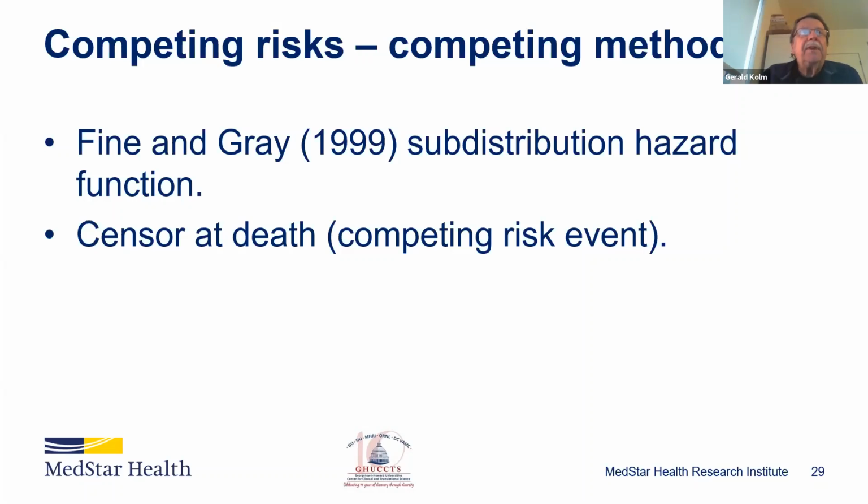So if, for example, death is a competing risk, then we would just censor those patients at death. It would be just like someone who dropped out of the study or was lost to follow-up. And so there's some argument in the statistical literature about what is best to do. So of course, in our HCMR study, we did both.